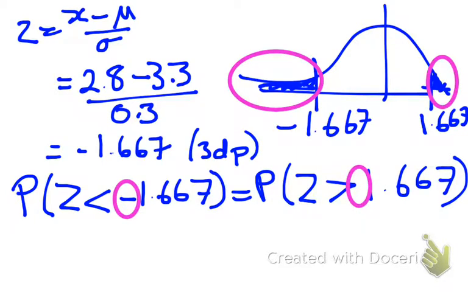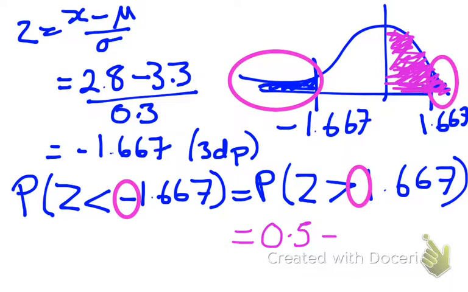Okay, so now we still haven't actually found the tail yet. We know that from the mean upwards, the area is 0.5. So if I shade in this whole area, that whole area would have a probability of 0.5. And I need to subtract from that the part that I can find from my tables.